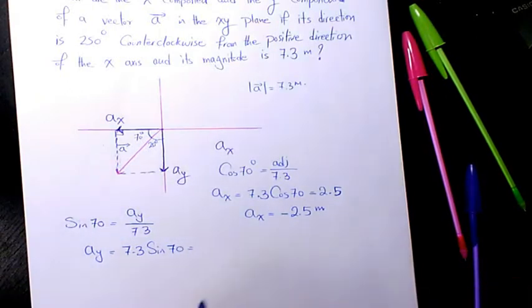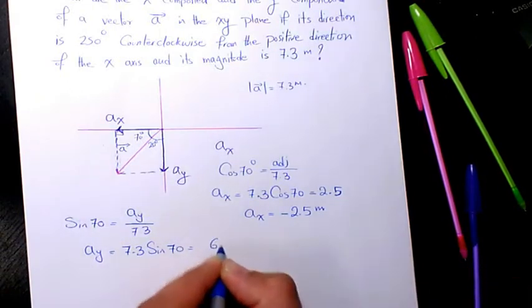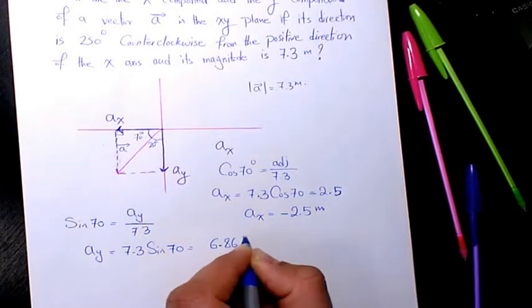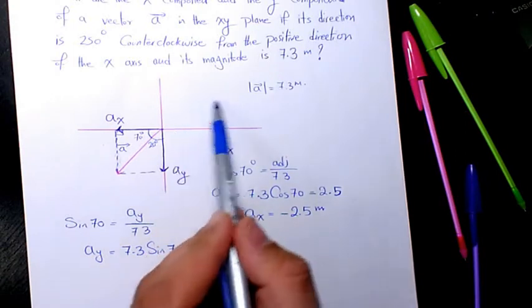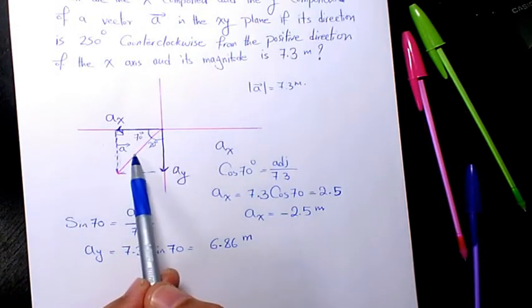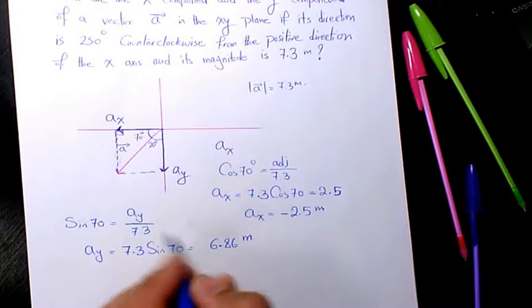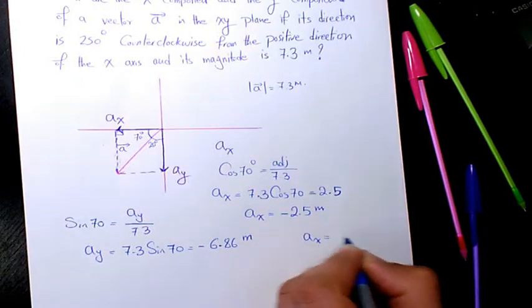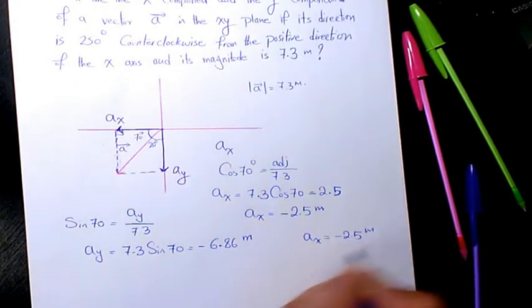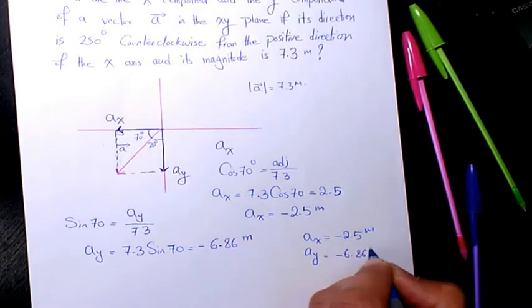That will be equal to 6.86 meters. And since it's going down again, that's going to be quadrant 3, and in quadrant 3 we know sine and cosine both of them are negative. So that's going to be negative 6.86 meters. So ax is negative 2.5 meters, ay is negative 6.86 meters.